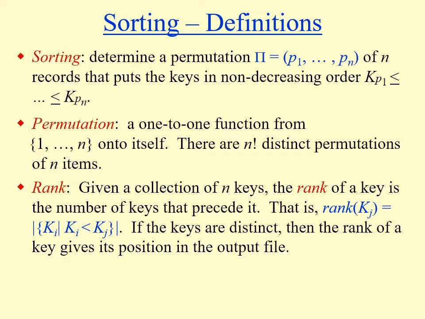When you choose the first position, you have n choices, and then for the remaining n minus 1 items, you put them into the second position, you have n minus 1 possibilities. So on and so forth. You get n times n minus 1 times n minus 2 down to 1. So that's n factorial.